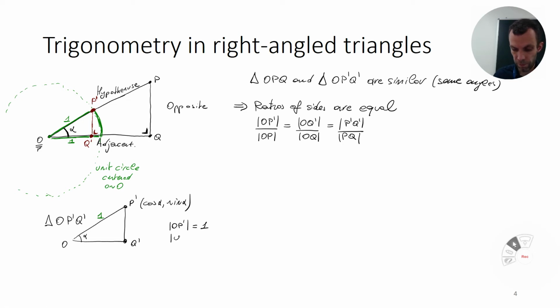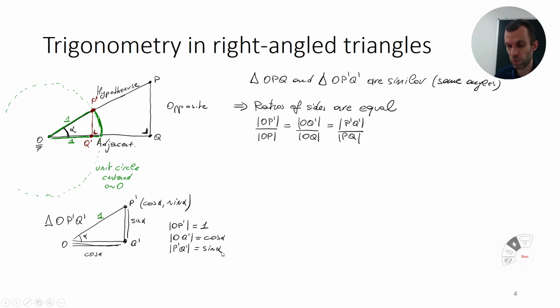OQ prime, that's this length right here. That will be cosine of alpha. And P prime Q prime, that's that length right here, that is sine alpha.